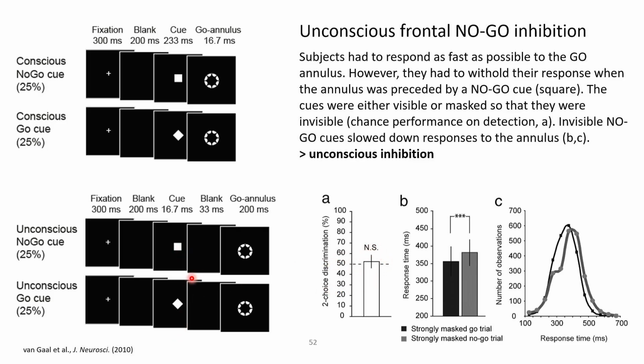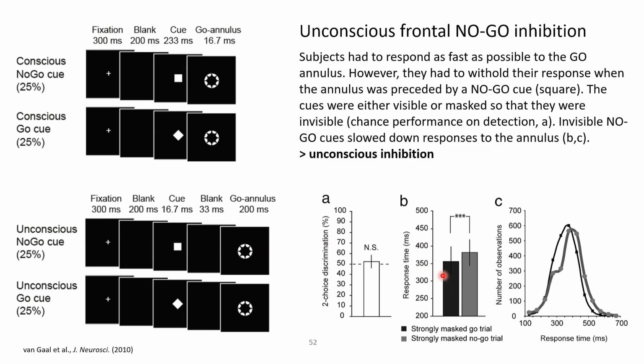Now, of course, the question then is, even though this no-go stimulus and go stimulus here are unconscious, not perceived, does this still activate these frontal regions that normally get activated by these no-go stimuli, or not?